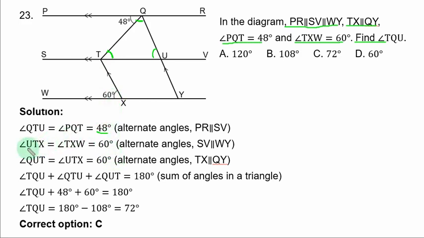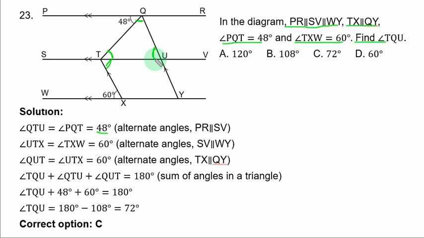Now UTS is equal to WTS. This angle here is equal to this angle, the same alternate angle, and this angle is equal to this angle, the same alternate angle.